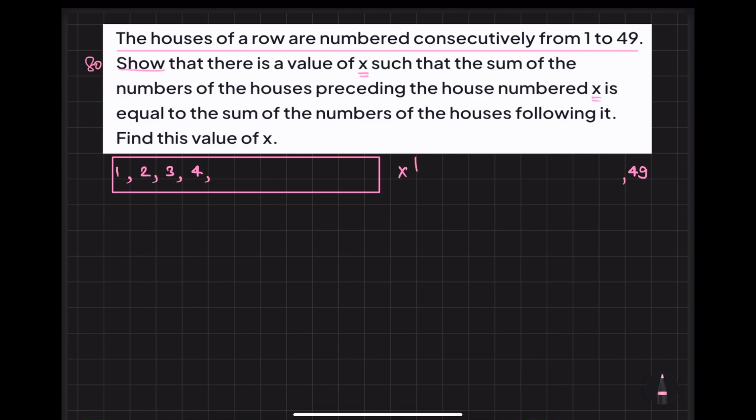So the idea is that the sum of this is equal to the sum of that, and you have to find out the value of x.